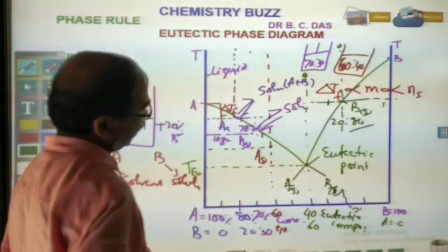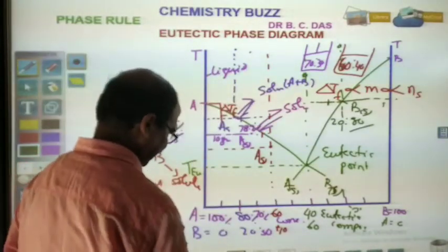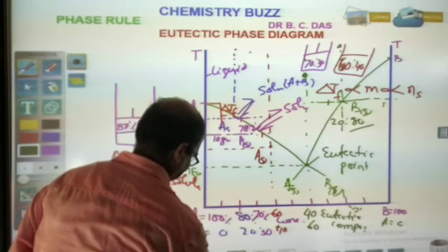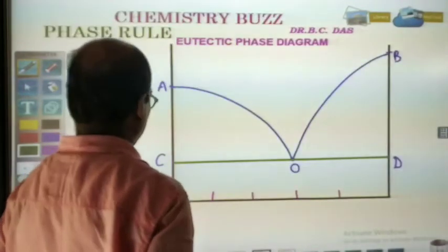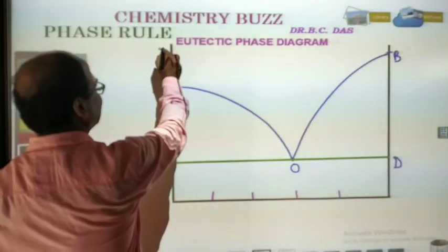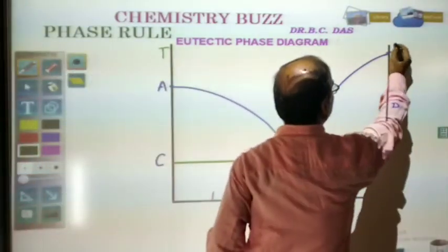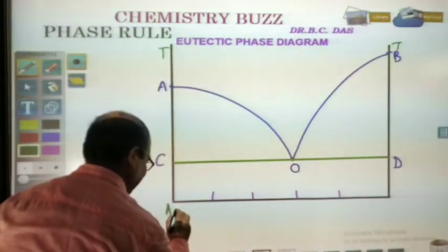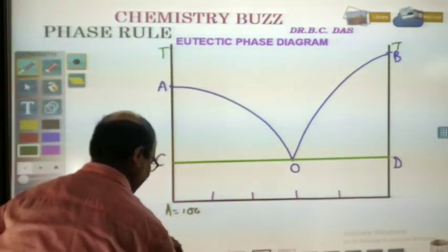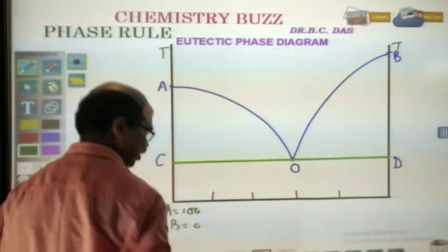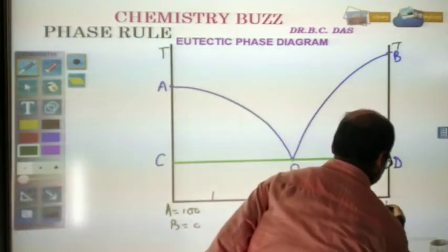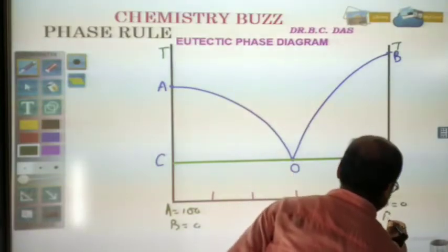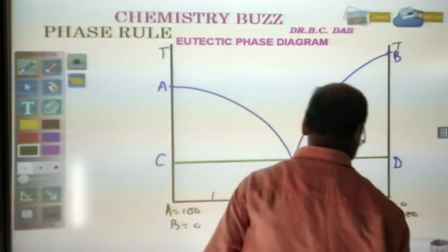So now let us see the eutectic phase diagram in detail. This is the temperature axis, and this is A equal to 100%, B equal to 0, and here A is equal to 0, B is equal to 100.